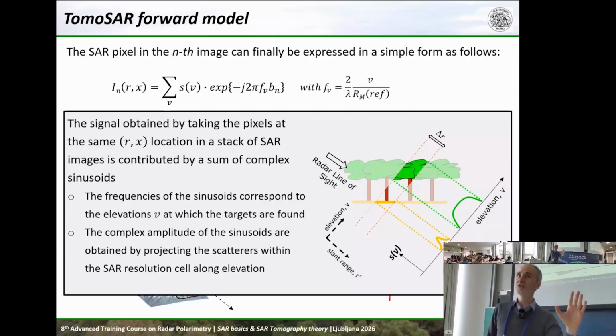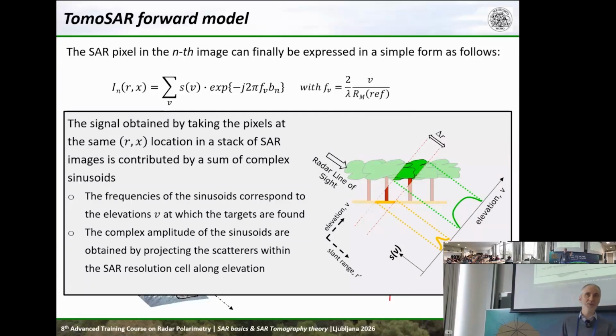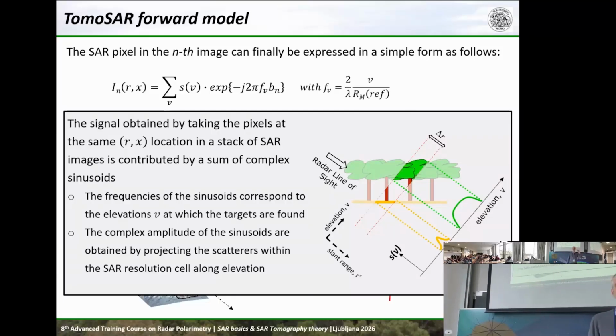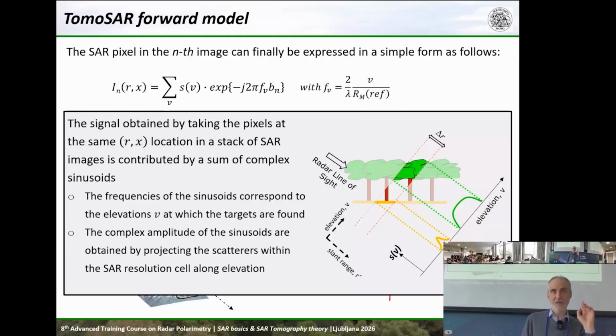For the case of the array, we could understand the processing by a simple Fourier transform. This is exactly the same, except that the Fourier transform is done with respect to the orbits.